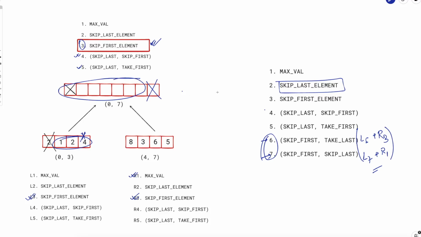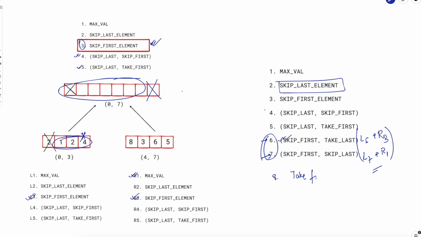For 0 to 6, the maximum subsequence sum can either include this or may not include this, right? These are the two choices for the first element, and you already have skip first, and you can actually compute take first as well, right?